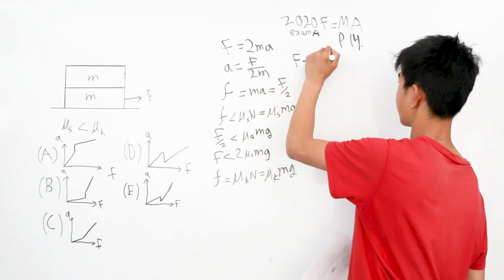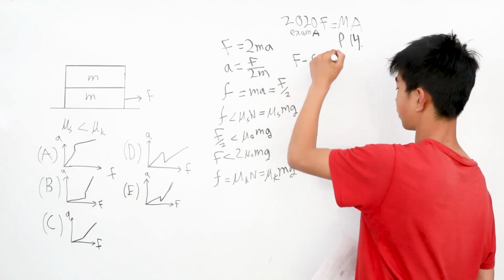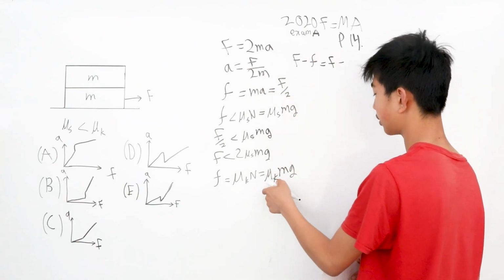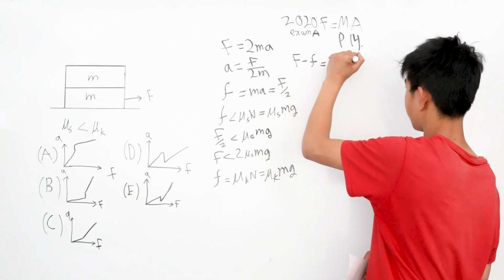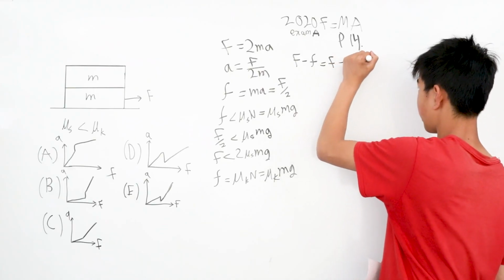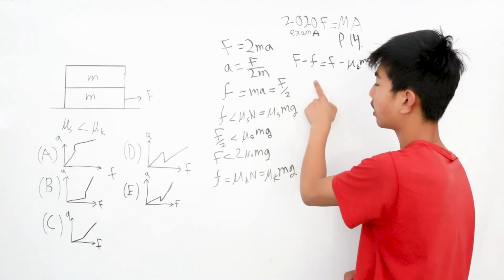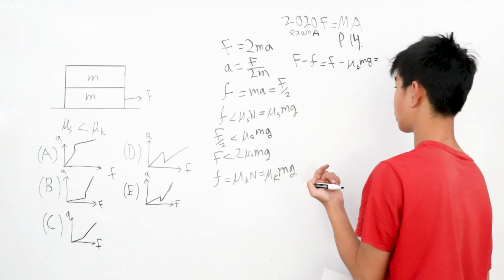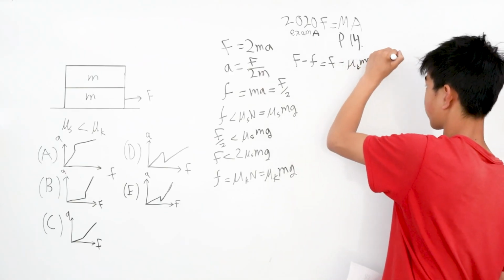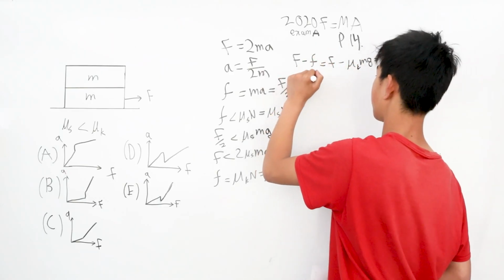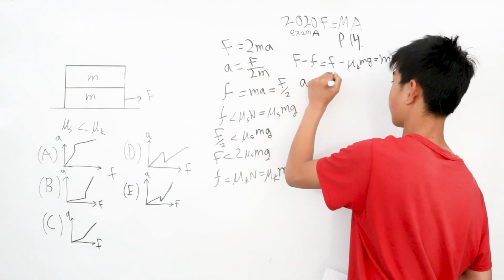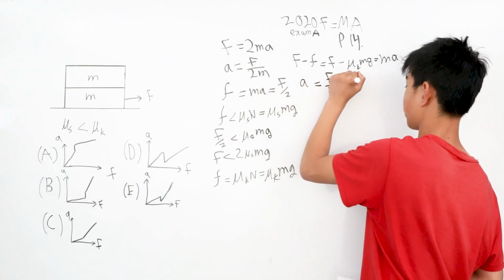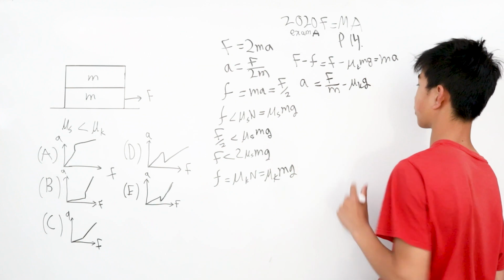The whole point of this is to simplify: the force minus friction, which is mu of K mg, equals ma. In this case, we get that the acceleration is F over m minus mu of K times g.